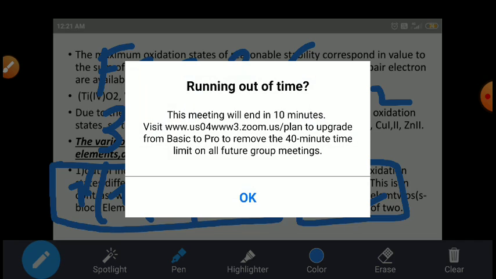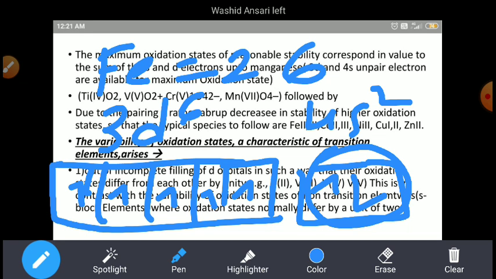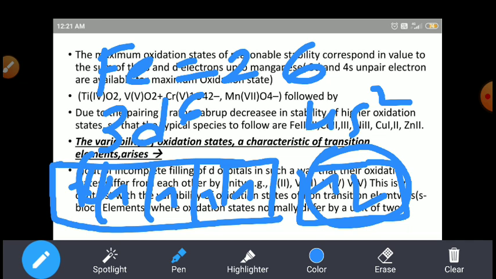Iron, if it releases the two electrons from the 4s, then it is the Fe+2 oxidation state. After releasing them, the d block elements are unstable here, so that's why it releases one more electron. There is a pairing present in the dxy, so that's why it is releasing an electron.